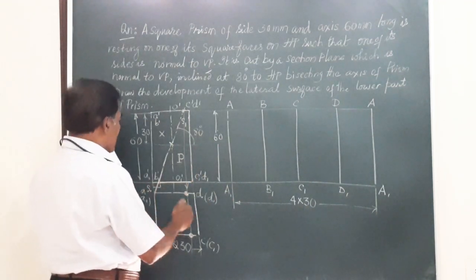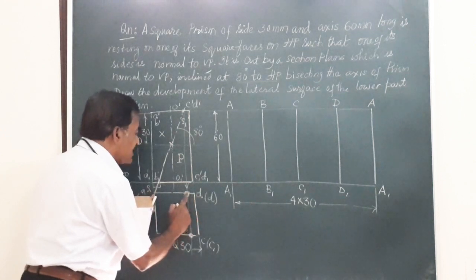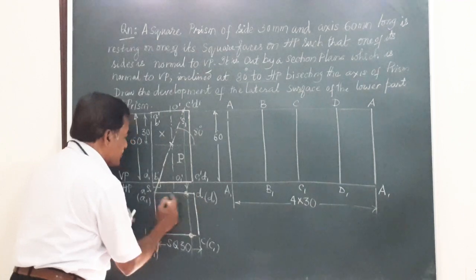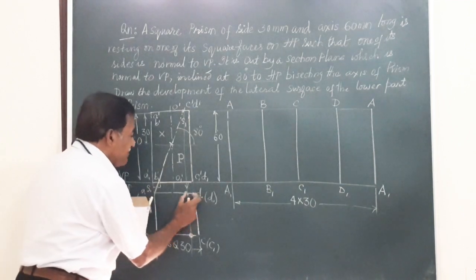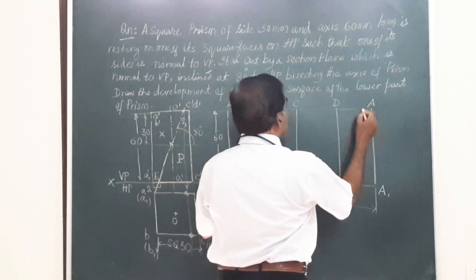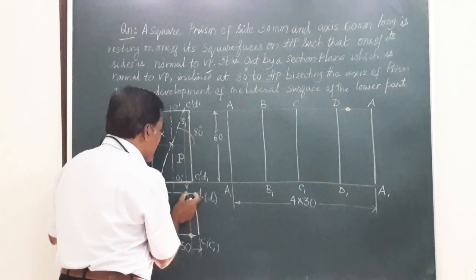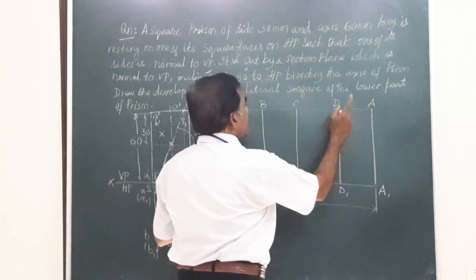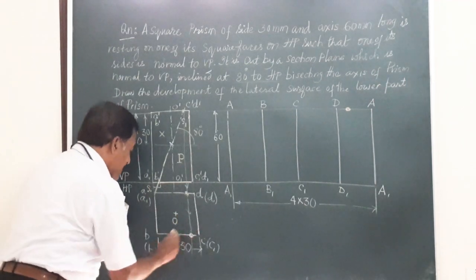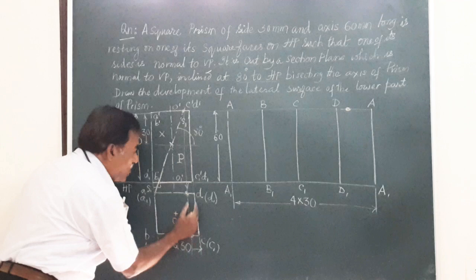Hence, here the edge AD is cut at this point at a distance of so much from D. So on AD, from D you mark this distance, nearer to D. Look here friends, this distance is exactly equal to this. We get a point.